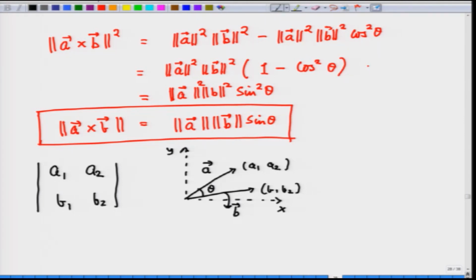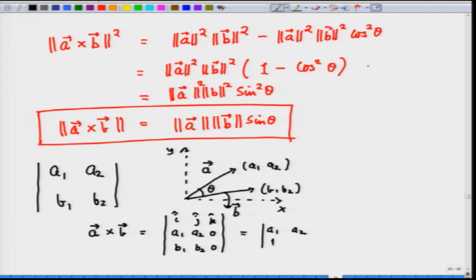Now, if I look at the cross product of these two vectors, A cross B, then the cross product is nothing but the determinant with rows i, j, k; A1, A2, 0; B1, B2, 0. So, this is nothing but the determinant of A1, A2, B1, B2 times the K vector.